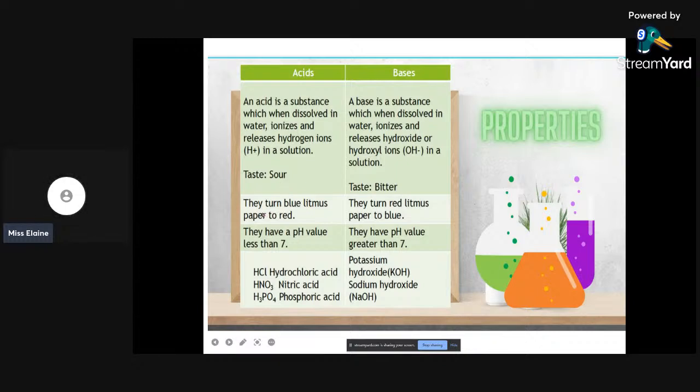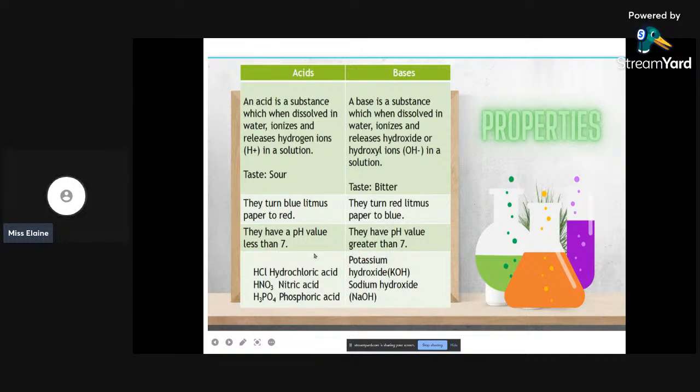So again, when it comes to litmus, blue litmus paper, nagiging red sa acid, while bases, blue. Yung pH level ng acid is less than 7. While bases, pH value greater than 7.